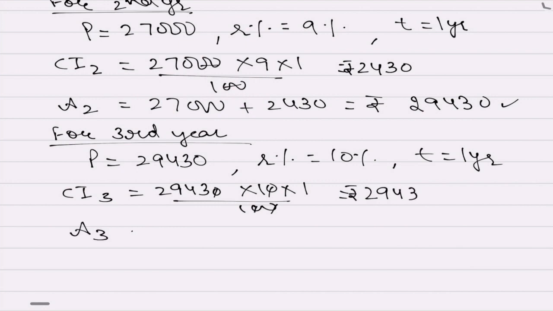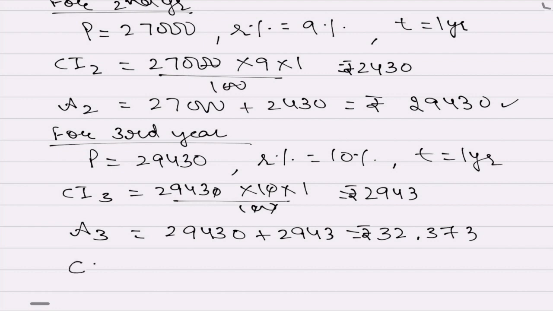So amount of the third year is principal plus interest, that is equals to 32,373 rupees.